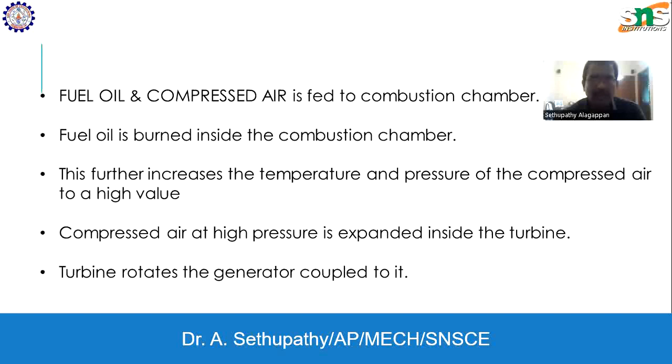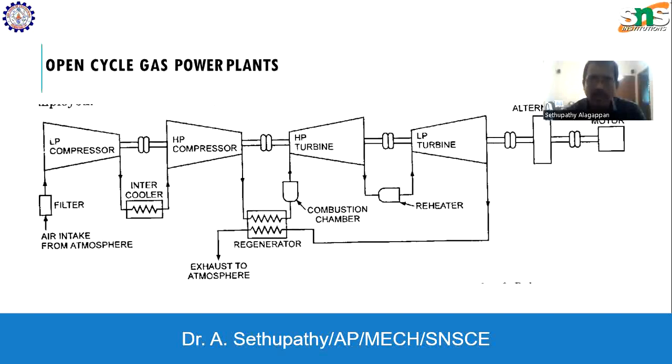Fuel oil is burned inside the combustion chamber due to the high pressure air. This further increases the temperature and pressure of the compressed air to a high value. The compressed air at high pressure is expanded inside the turbine. The turbine rotates the generator coupled to it.